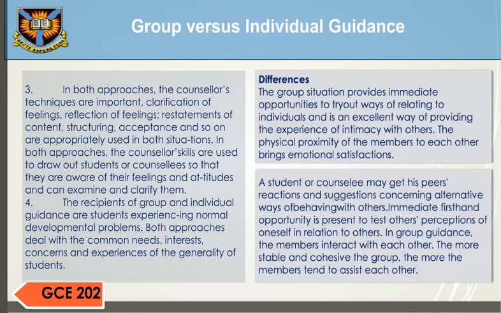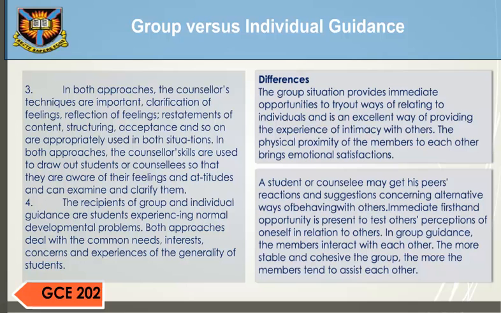In both approaches, the counselor's skills are used to draw out students or counselees so that they are aware of their feelings and attitudes and can examine and clarify them. 4. The recipients of group and individual guidance are students experiencing normal developmental problems. Both approaches deal with the common needs, interests, concerns, and experiences of the generality of students.